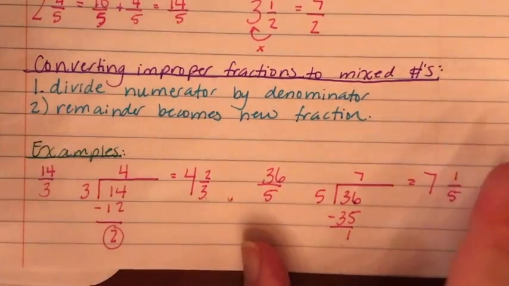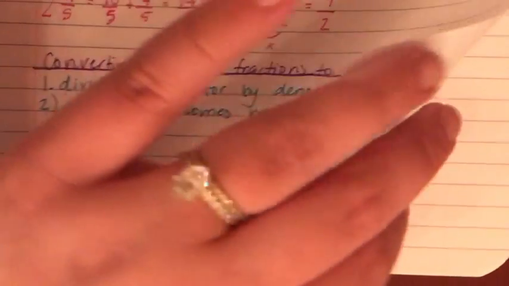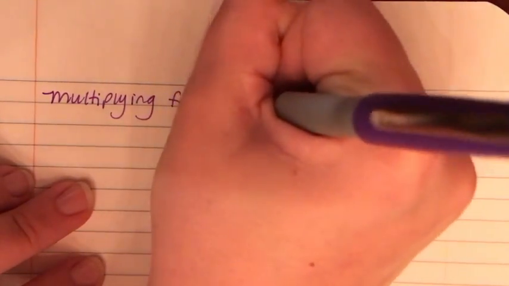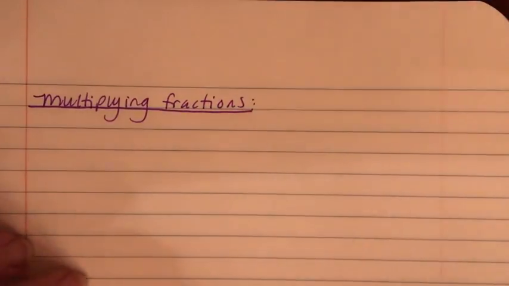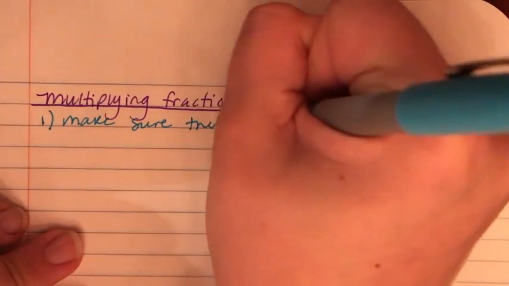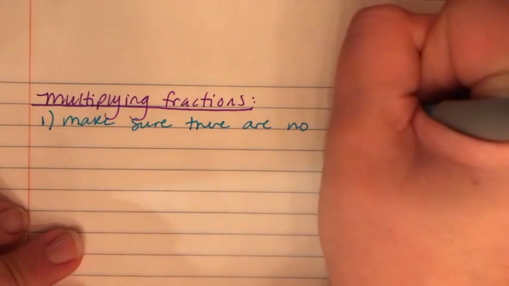Okay, last thing is going to be multiplying fractions, and we'll do multiplying fractions again tomorrow, but let's just quickly go over that. So step 1 is to make sure there are no mixed numbers.